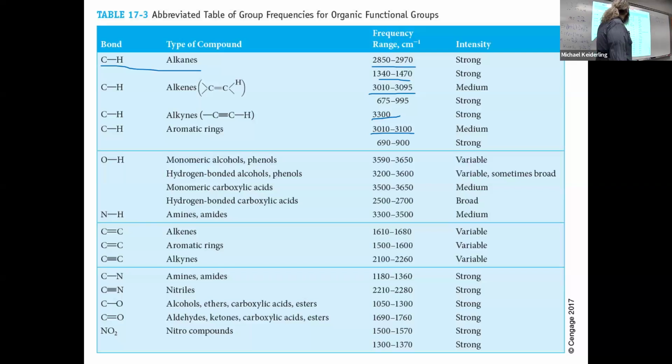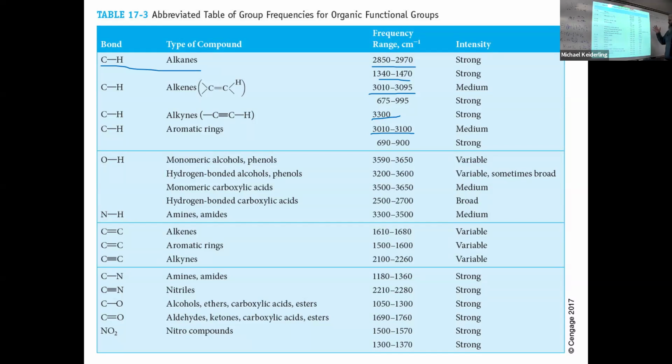In alkynes, that CH bond is 3,300. And then these are bending modes as well. So the alkanes have 2 modes, the alkenes have 2 modes. Aromatic rings, there's another range of them, again, around 3,000.